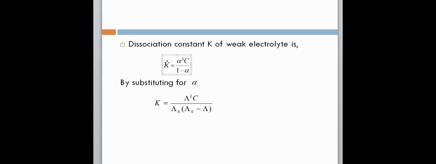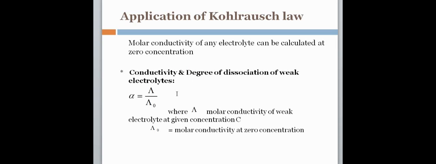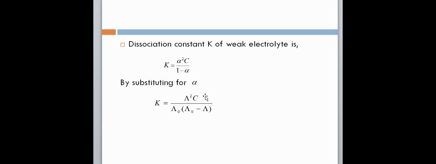This is something that we have studied in earlier chapters. K is equal to alpha square C upon 1 minus alpha. All you need to do is substitute the value of alpha, which is lambda upon lambda 0, in this equation. Wherever there is alpha, you put lambda upon lambda 0. After substituting that value, I get a fresh equation: K is equal to lambda square C upon lambda 0 into lambda 0 minus lambda.